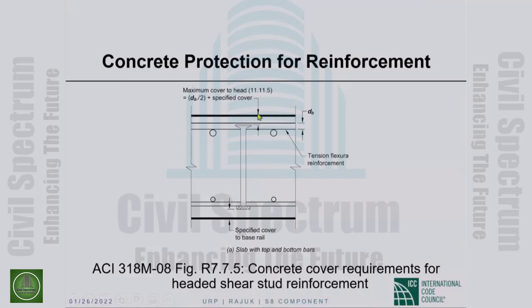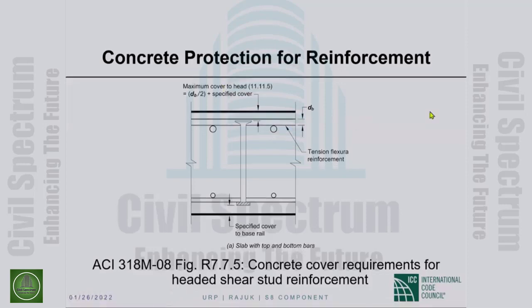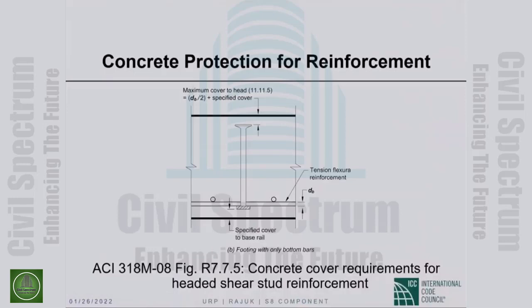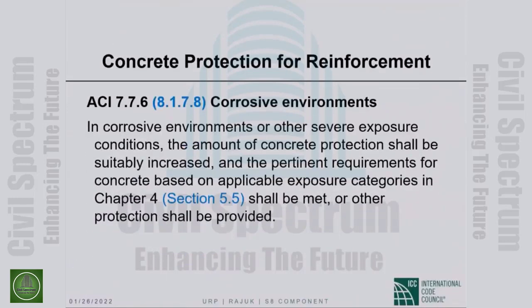From the top of the head to the end of the concrete, the minimum cover shall be the specified cover for slab reinforcement plus 1/2 of the diameter of this bar. So the cover over the head of the stud shall be the specified cover for slab reinforcement, 20 millimeters typically, plus 1/2 the diameter of that bar. This I will let you read, the similar picture. The difference is there is only a bottom bar in the second picture.